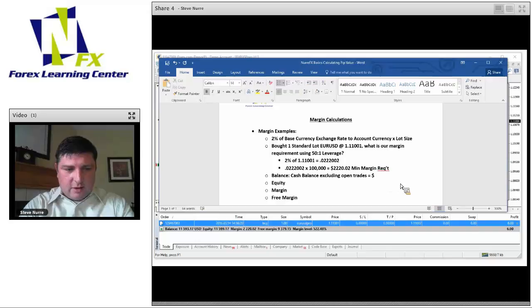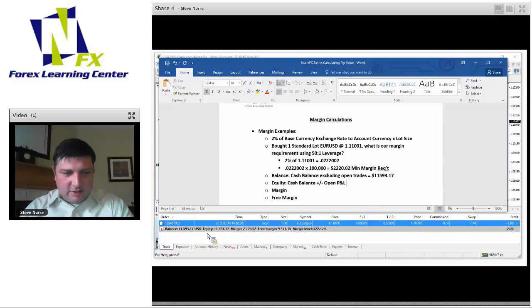So before we put this trade on, our balance in our account was $11,593. Our equity number is essentially your cash balance plus or minus what we call open P&L, profit and loss. Right now we're at 0 on the trade, we're down $1.